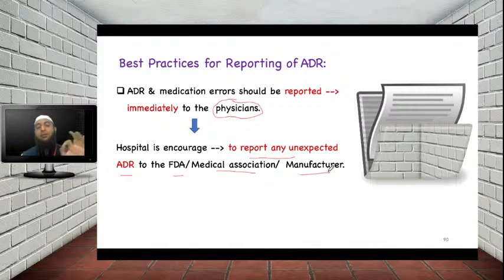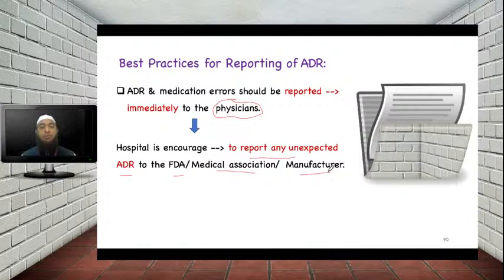A very good example is phenytoin. When just one excipient of the phenytoin capsule was changed, patients suffered more toxicity from phenytoin. So you need to also report to the manufacturer in order to avoid further exposure of the patient to the drug and drug related adverse drug reaction. So this must be the best practice.